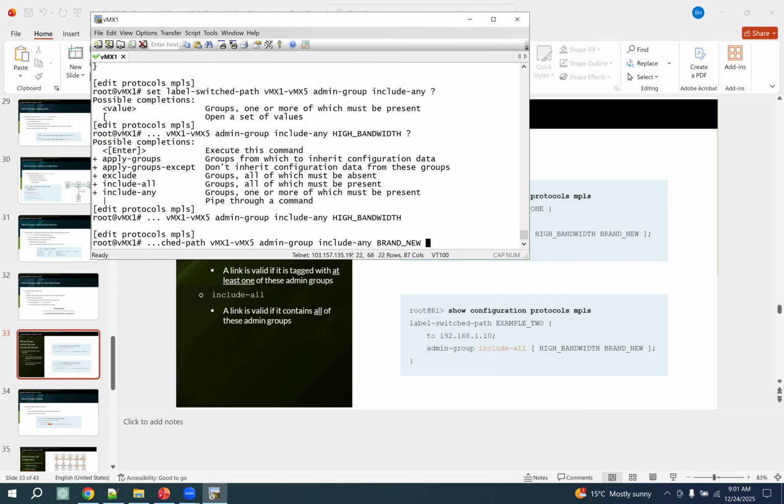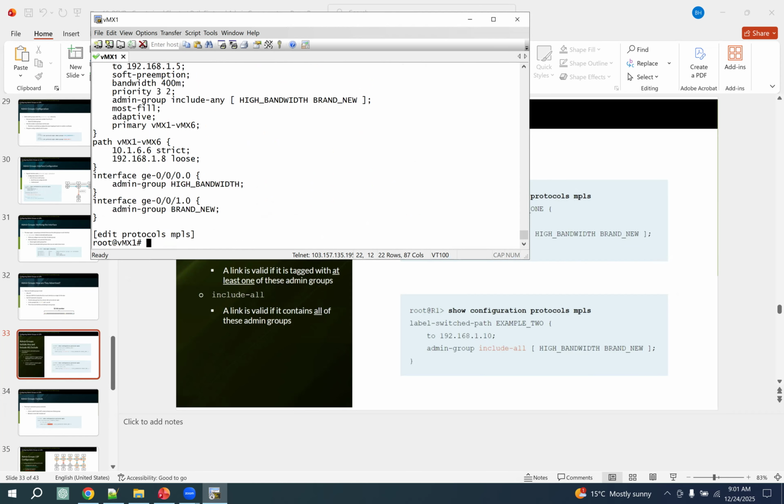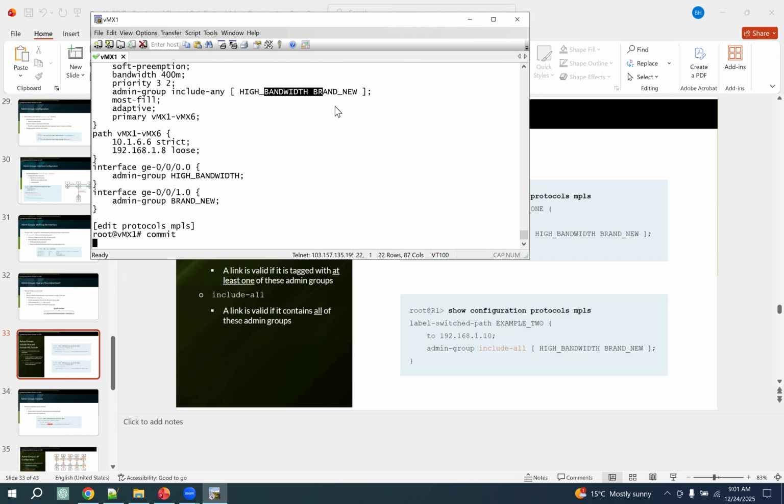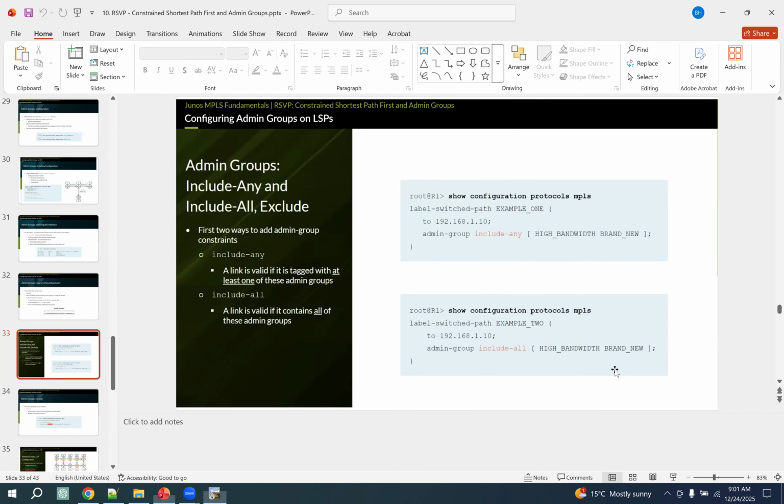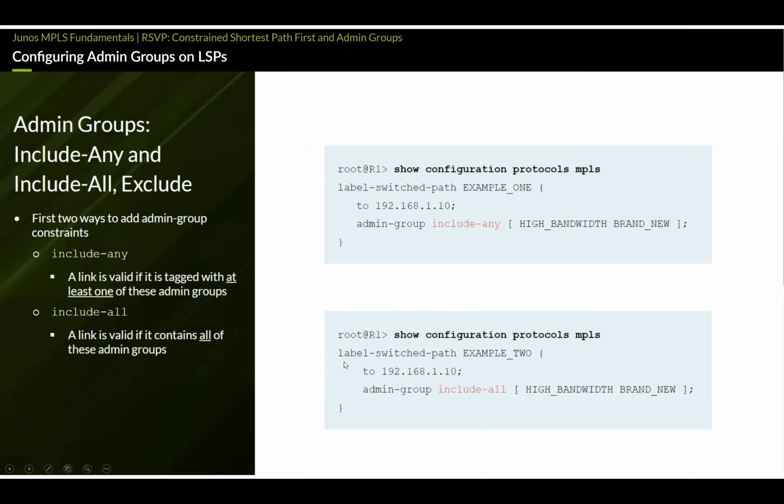Okay, so now it's okay. See here, the admin group include any, high bandwidth and brand new. So in your path, if any one is available, your LSP will work. So this is the logic.